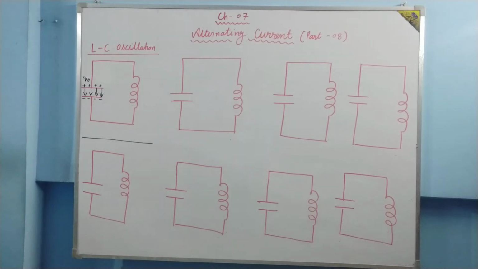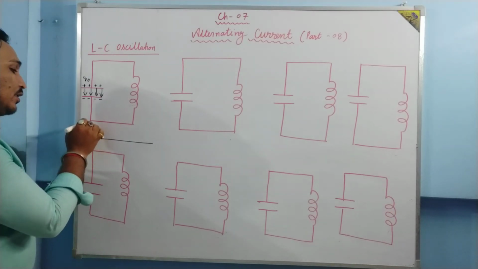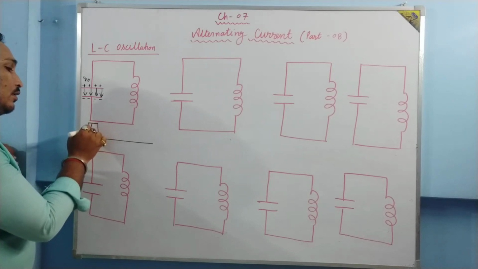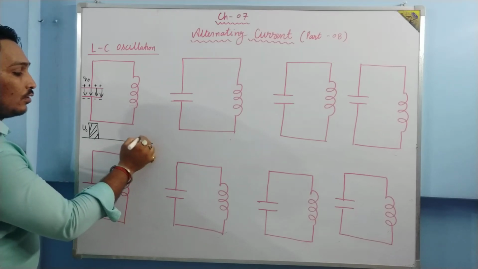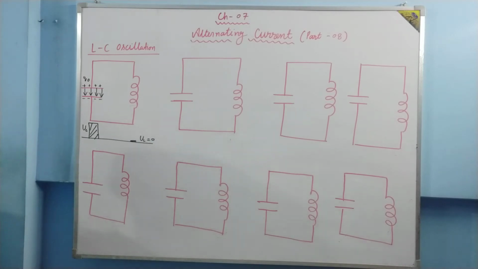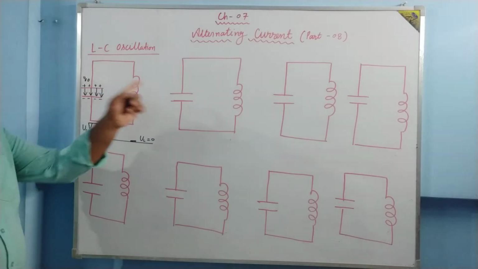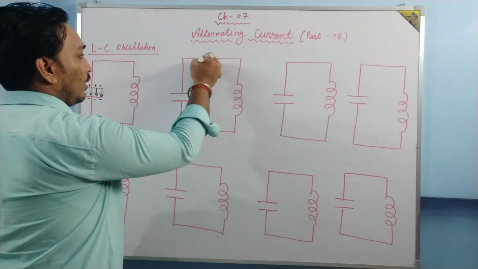If I make the energy diagram, the capacitor has maximum energy in this case. This is UC, and the inductor does not have any energy, so UL will be 0. But within a fraction of time, the capacitor starts discharging itself across the inductor. So there is a current flowing in the circuit.